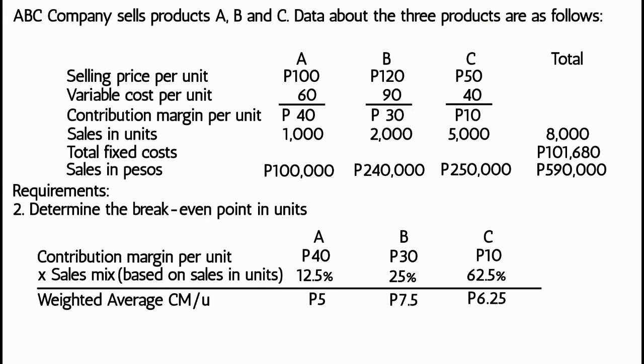I-add lang natin yung tatlo at yan na yung weighted average contribution margin per unit. 5 pesos plus 7.5 pesos plus 6.25 pesos, that is equal to 18.75 pesos.